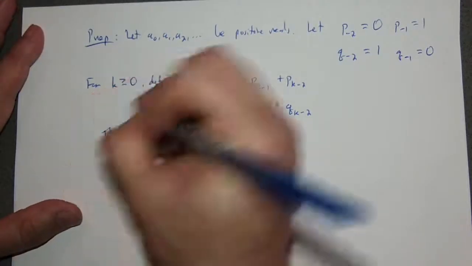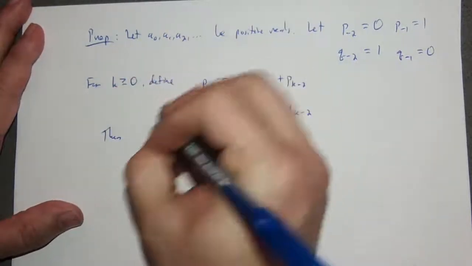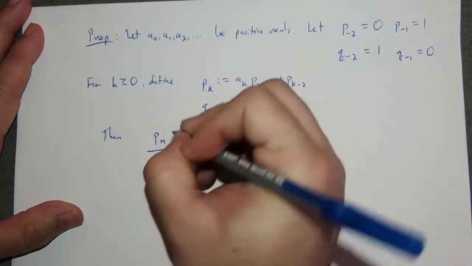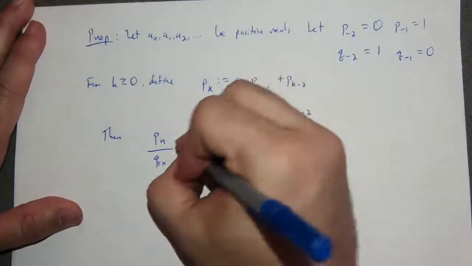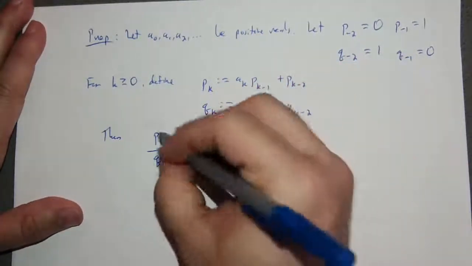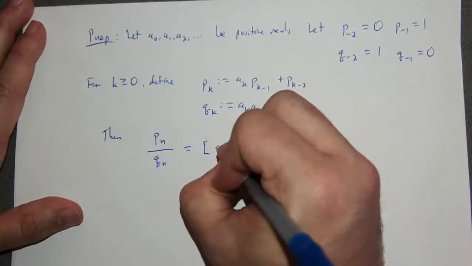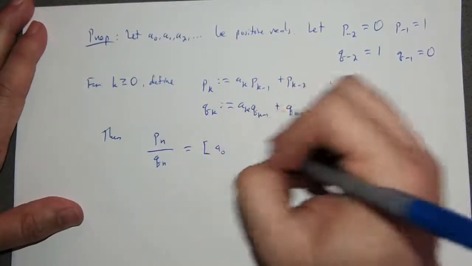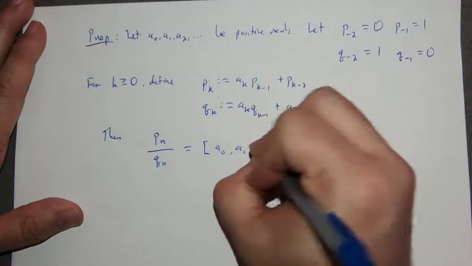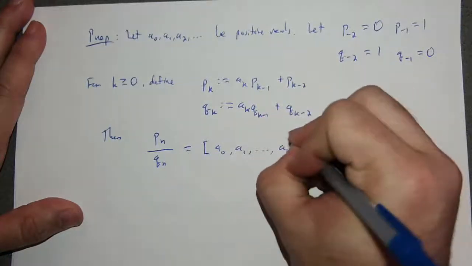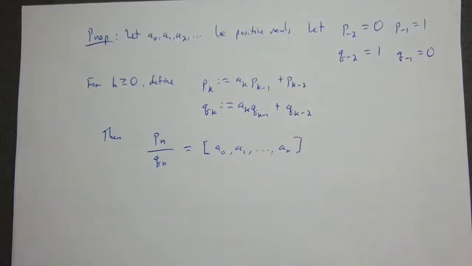Then P sub n over Q sub n is the same, this fraction is the same as the continued fraction A0 to AN. So this is our notation for continued fraction here.